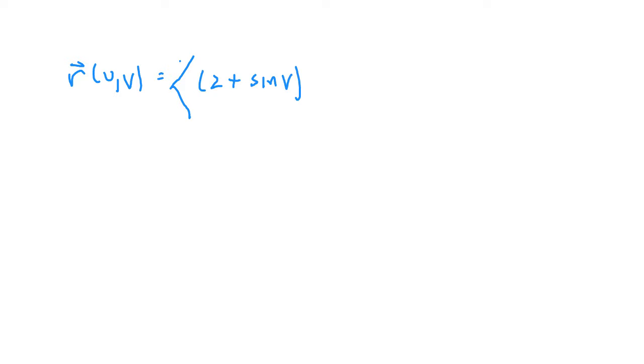Okay, so the x component is 2 plus the sine of v times the cosine of u. That's the x component. The y component is 2 plus the sine of v times the sine of u.